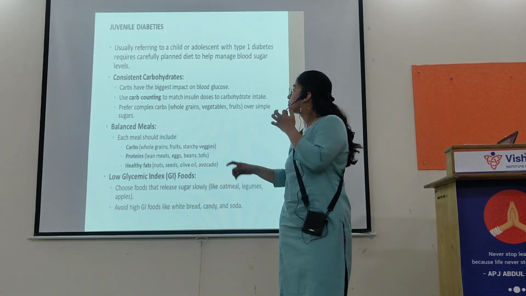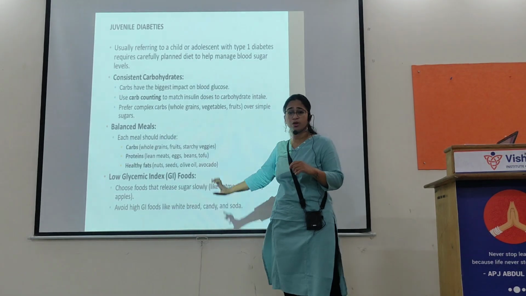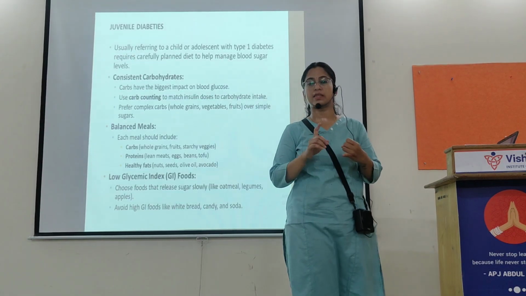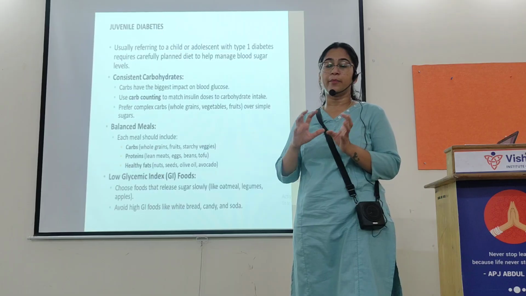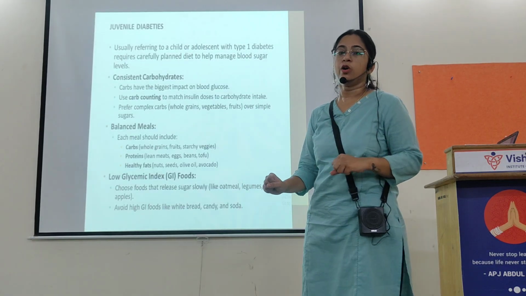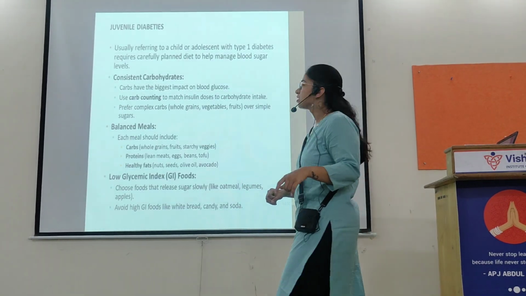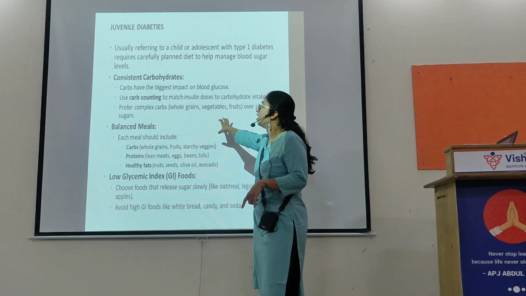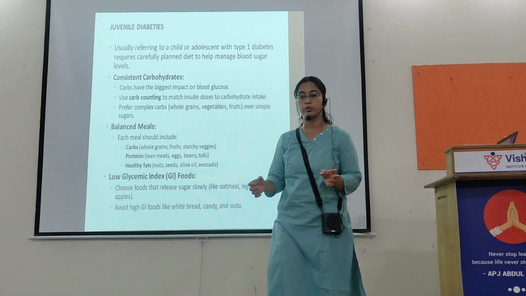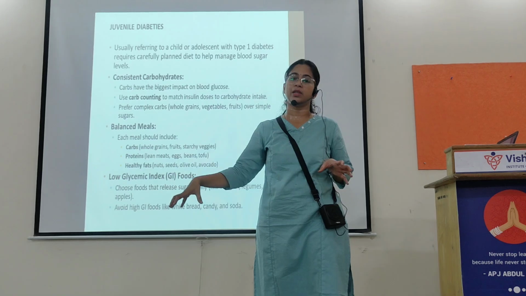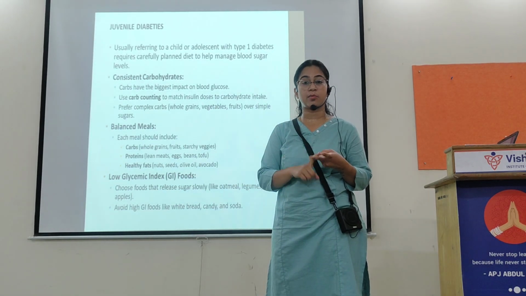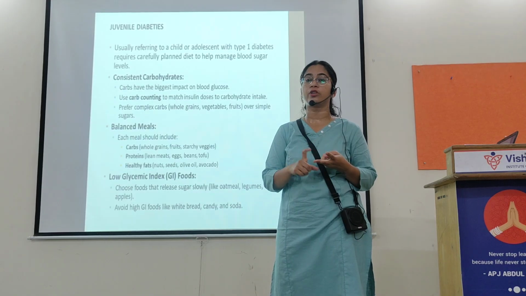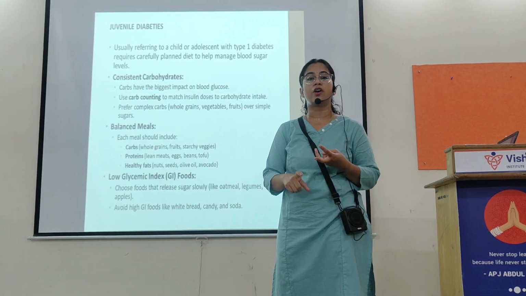So consistent carbohydrates should be there. We are not going deeply into the signs and symptoms, because only the dietary management is the main question coming in the exam. So what are the dietary managements? Consistent carbohydrates: you have to include carbohydrate in each meal because the child is in a growing age. He needs carbohydrates for development, for mental stability, and for daily functions.